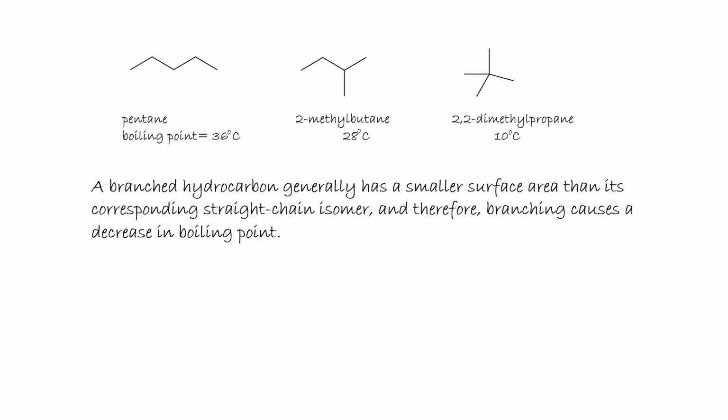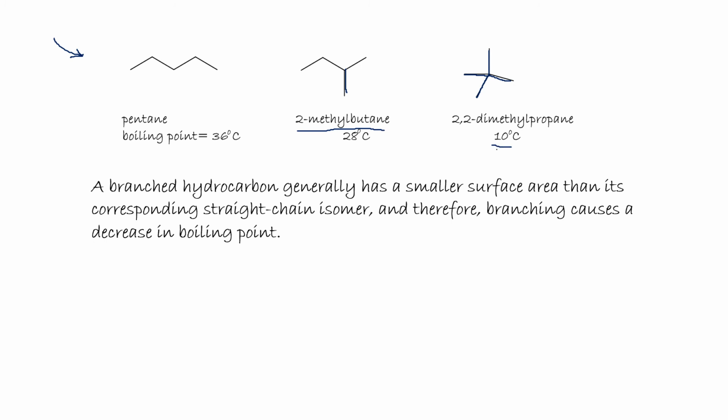Accordingly, when we have isomeric structures of alkanes, normal pentane, and if you have 2-methylpentane, one more branch, and 2,2-dimethylpropane, more branched, there is less surface area for interaction.